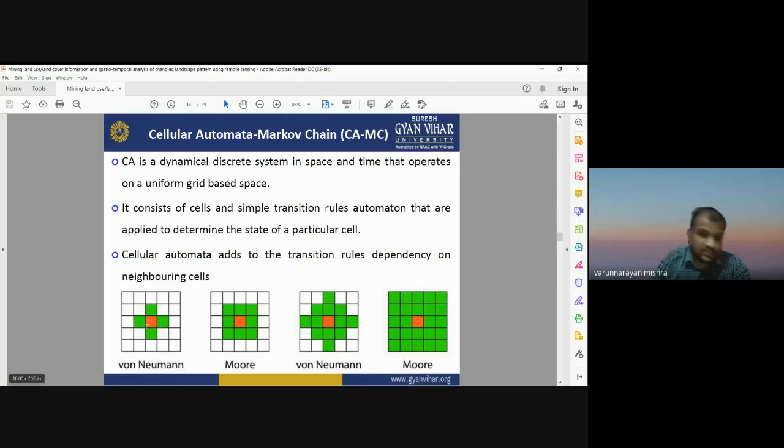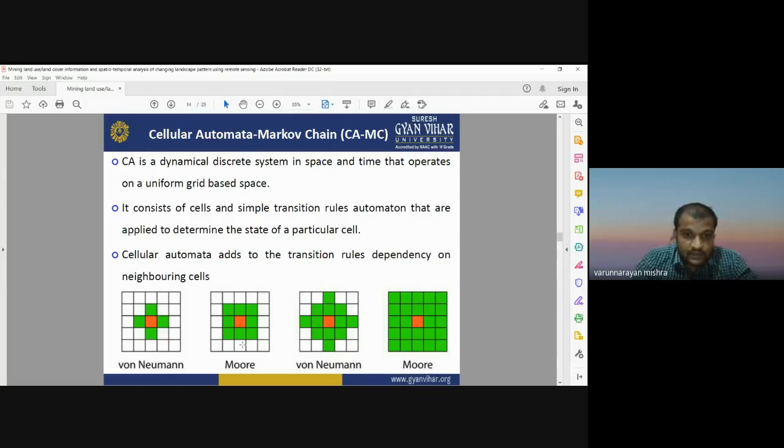There are 4 different ways in which cellular automata selects the central pixel and the surrounding or neighboring pixels. In von Neumann, the central pixel will be surrounded by 4 neighboring pixels. In the Moore method, the central pixel will be surrounded by all 9 pixels.